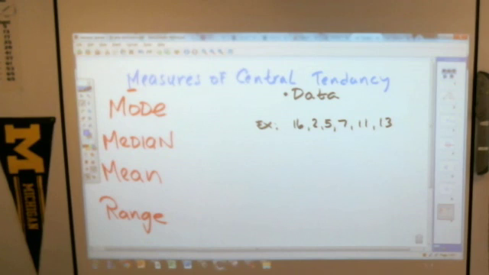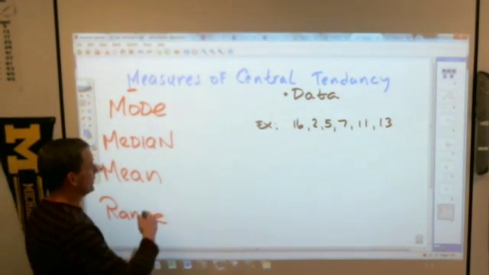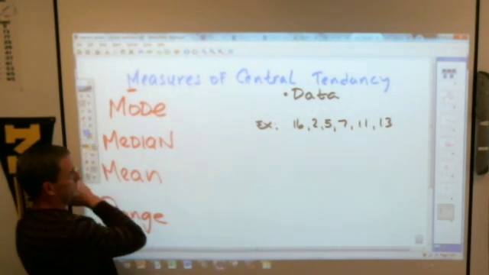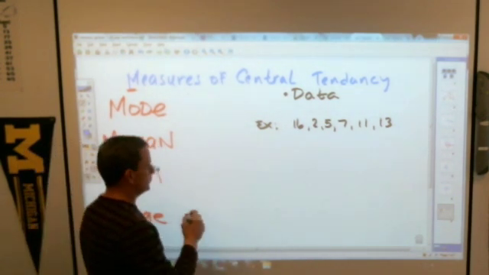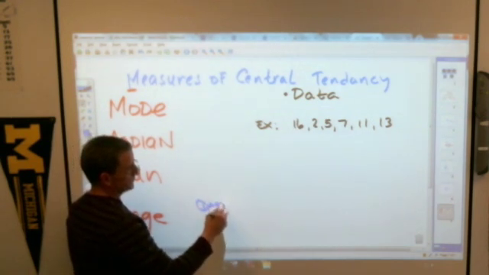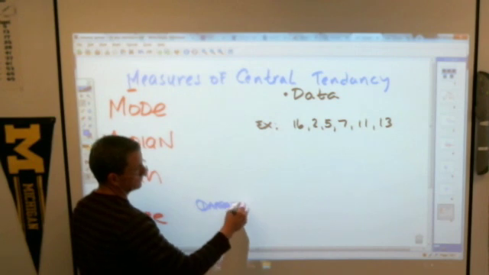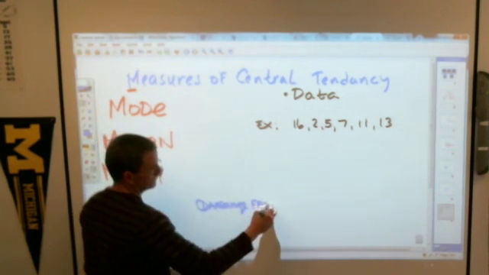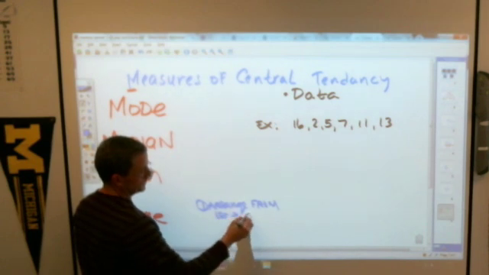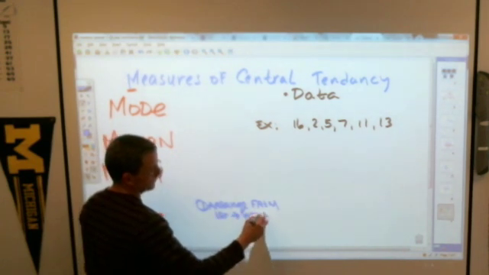Okay. First of all, when you talk about the measures of central tendency, it's best to, number one, arrange the numbers from least to greatest. Arrange from least to greatest.